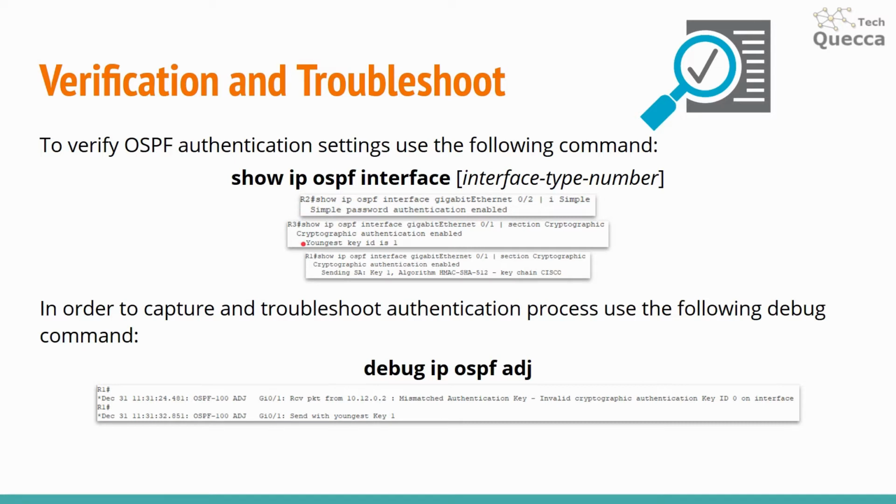For router R3 we can see that MD5 authentication is enabled, and for router R1 HMAC-SHA 512 with keychain Cisco OSPF authentication is enabled on this interface. In order to capture and troubleshoot authentication process, use the following debug command: debug IP OSPF adjacency.